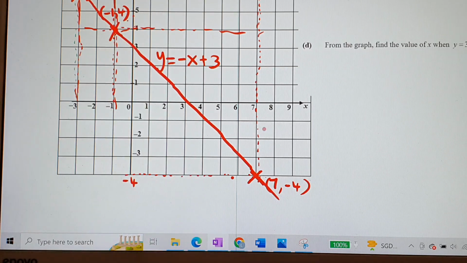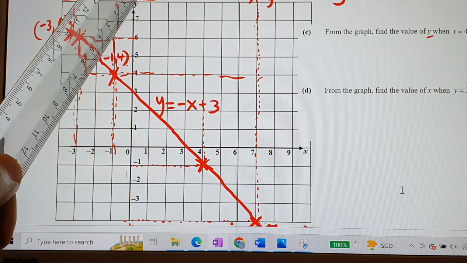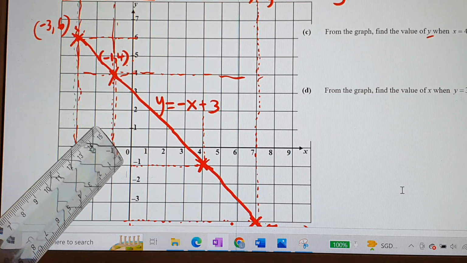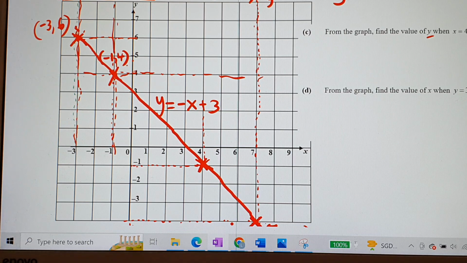When I draw this line x equals 4, the place where it cuts the red line, that is my y value. Can you see this is the y value? So y is minus 1. Finish already. Answer is minus 1.